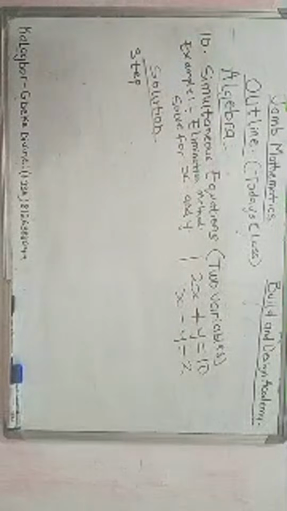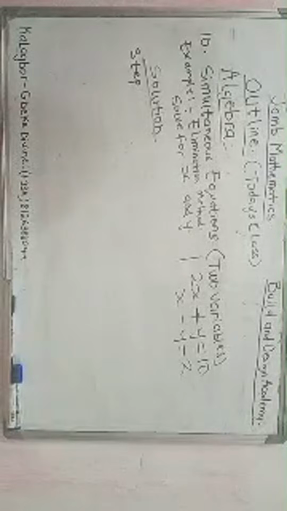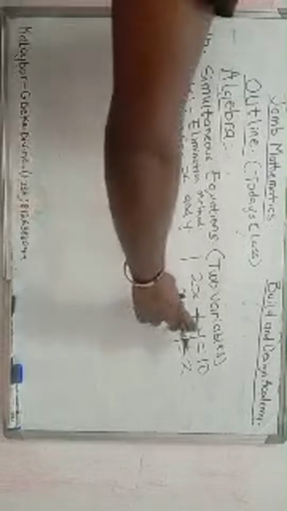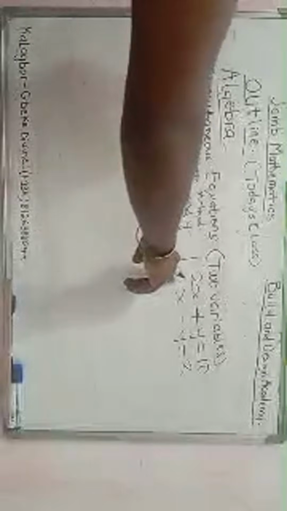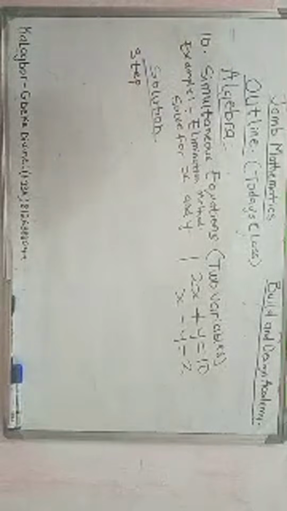But the coefficient of x here is 2, the coefficient of x here is 1. And their signs are the same. So y is the easier target here to eliminate. So first of all, you observe your equations. Look at the one that's easy to eliminate, the one that has the same coefficient. If it was not the same coefficient, it will not work. We have to multiply them by the coefficient of one of the variables. Now, since y has the same coefficient, let's go.